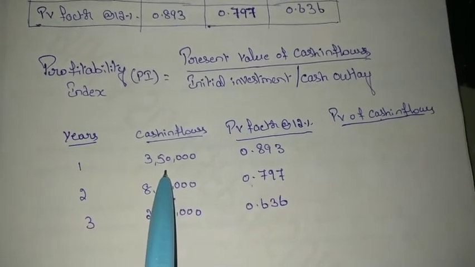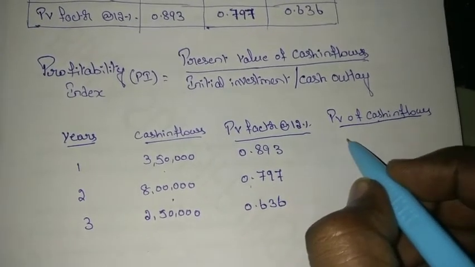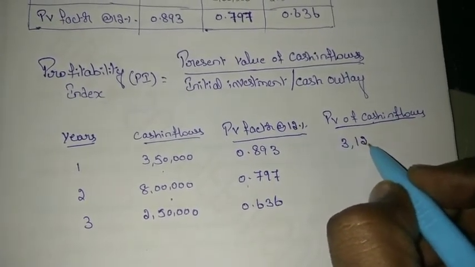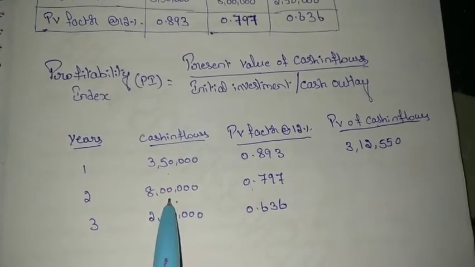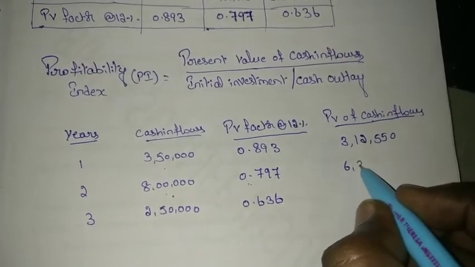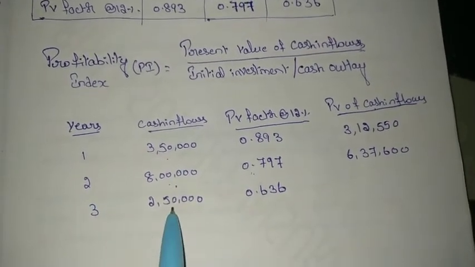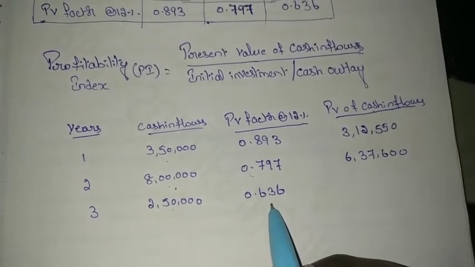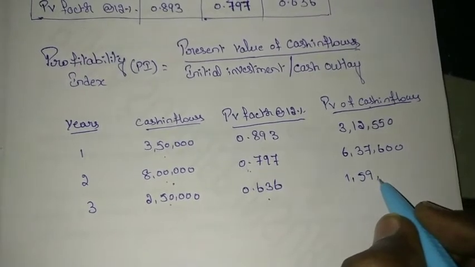So 3,50,000 into 0.893, you will get the present value of cash inflow as 3,12,550. The second year, 8 lakhs into 0.797, you will get 6,37,600, and the third year 2,50,000 into 0.636, you will get 1,59,000.